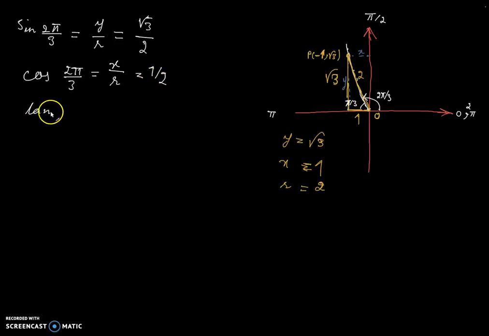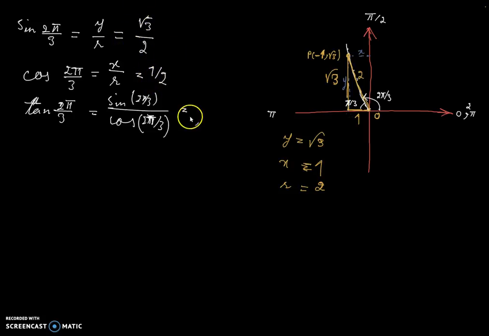Now tan 2 pi by 3 is equal to sine 2 pi by 3 divided by cos 2 pi by 3, which is root 3 by 2 divided by 1 by 2, which is basically root 3.